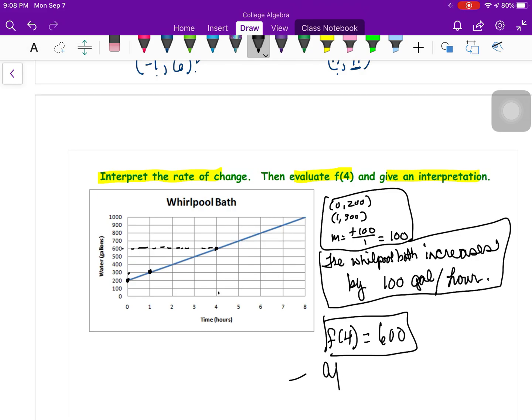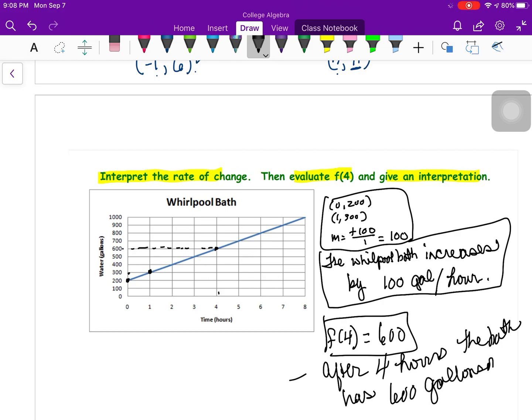So after 4 hours, the bath has 600 gallons of water. Now I have everything I am looking for.